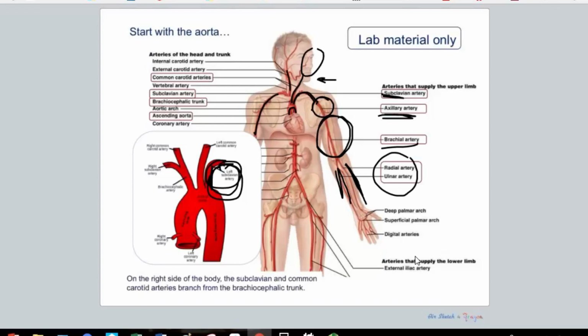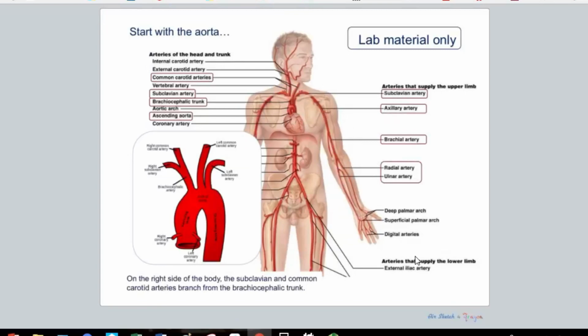The only difference is that instead of each of these vessels having their own place where they come out of the aorta, they come out through a vessel called the brachiocephalic trunk. So here's the brachiocephalic trunk, and it branches to become the right common carotid and the right subclavian artery. So all of that is the same on the right and left. It's just a little different how it comes out of the aorta.